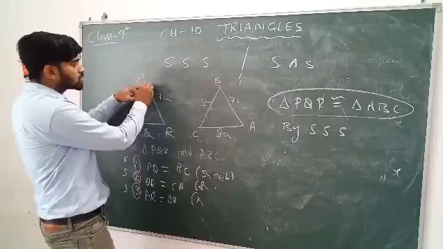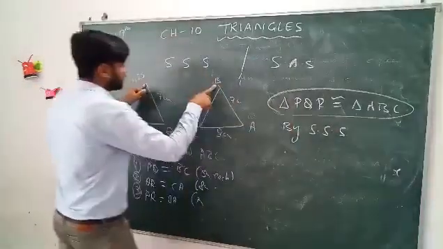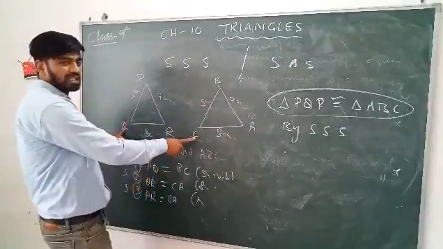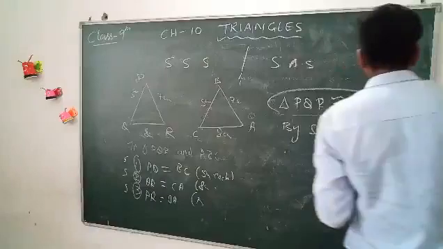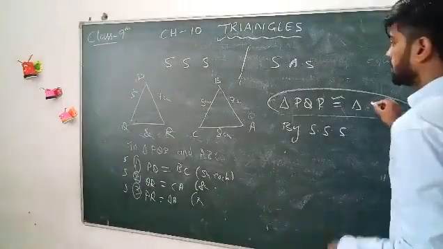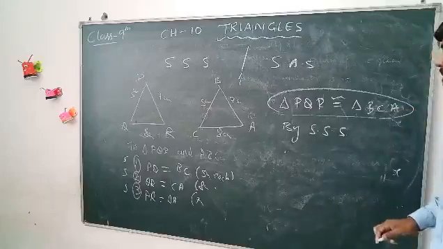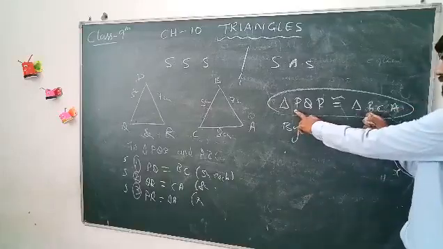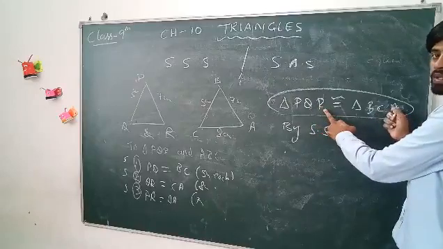So who corresponds to P? B. And who corresponds to Q? C. So in PQR, here I should write B, C, A. Because P should correspond to B, Q should correspond to C, and R should correspond to A.